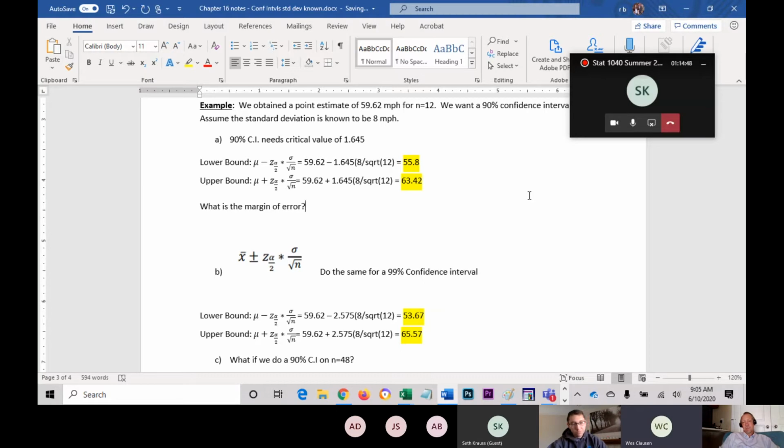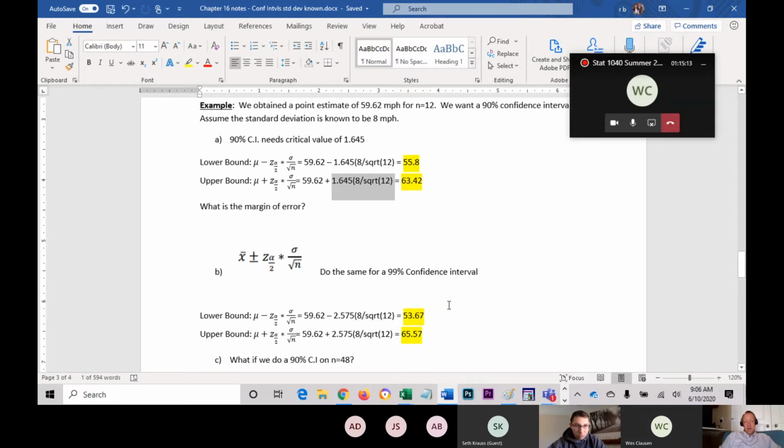Yes, it would be 59.62 minus 55.8, and then plus minus. It would just be your mean value plus or minus your lower and upper limits. Actually, it's just this piece of the equation right here.